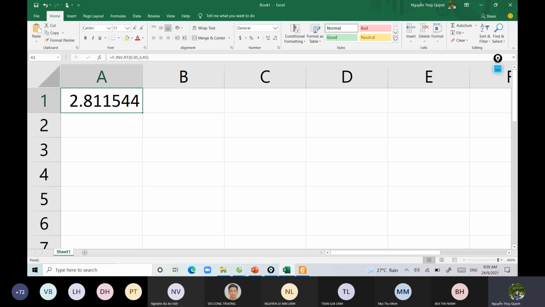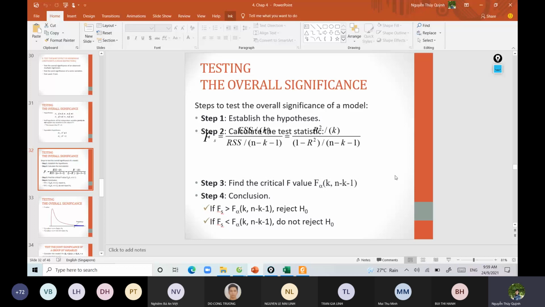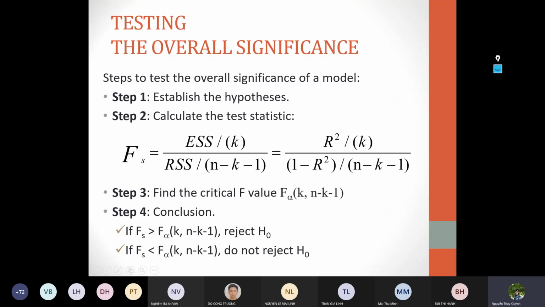All right. Okay, so now our conclusion is here. If the observed value of F here is greater than F alpha, the critical value, then we can reject H0. And if it is not, then we will not reject the null hypothesis H0. All right.